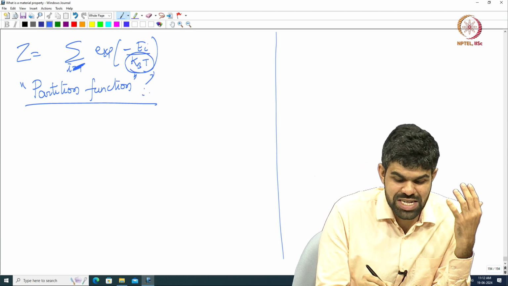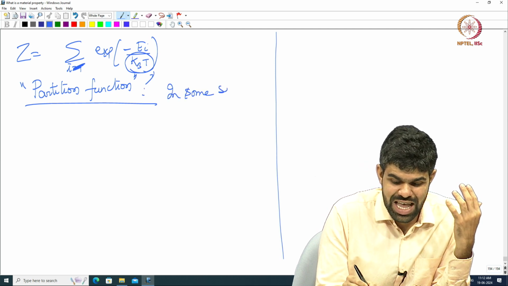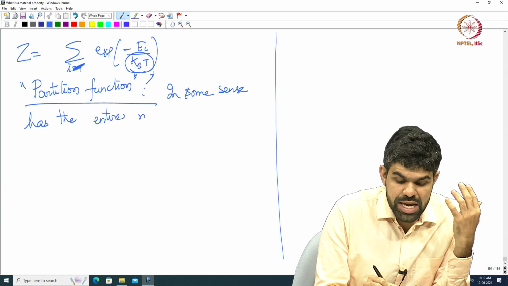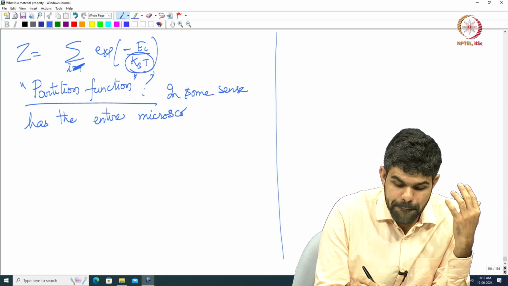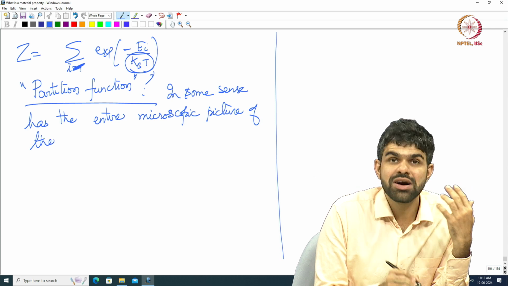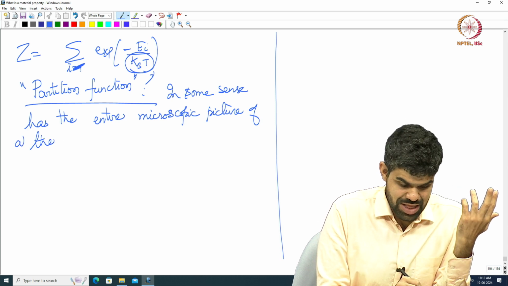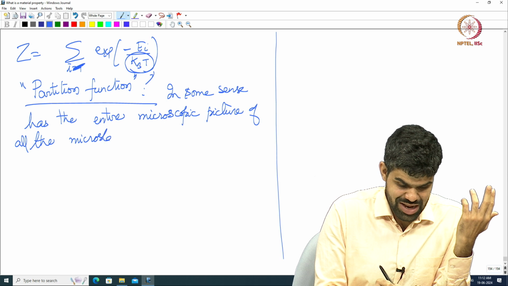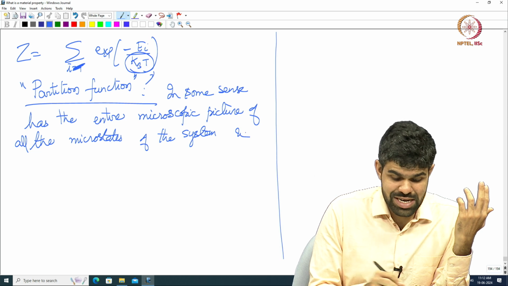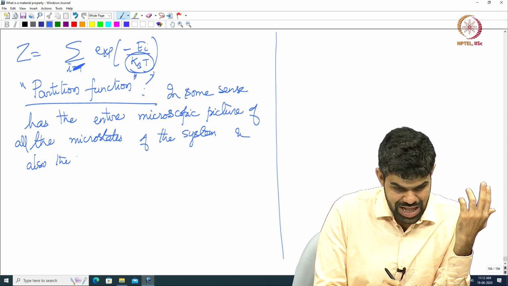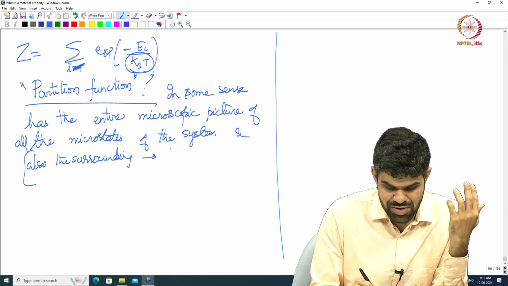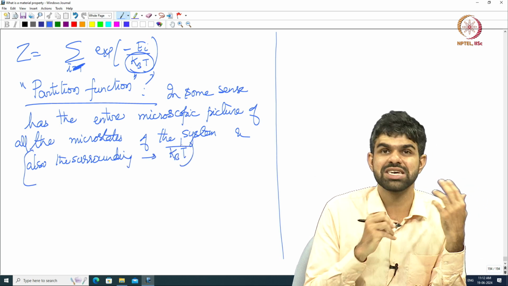So partition function in some sense has the entire microscopic picture of all the microstates of the system, and also the surroundings, and the surroundings come in just by this kBT, as 1 by kBT, right.